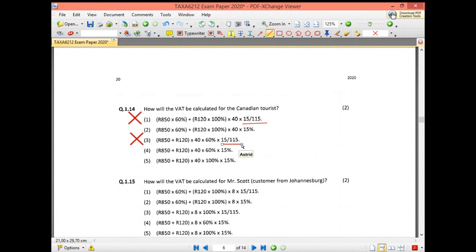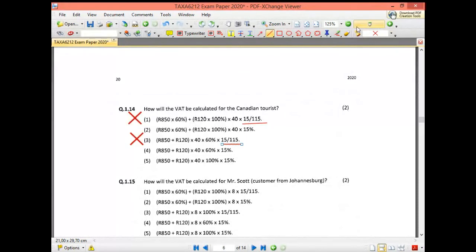Now, what the Act says, this is one of the exceptions to the rules, is that if it is a long-term stay, so the person stays for a longer period of time, they actually then only require you to levy 60% of the VAT amount. But for the full service, so not apportioned between cleaning and accommodation.